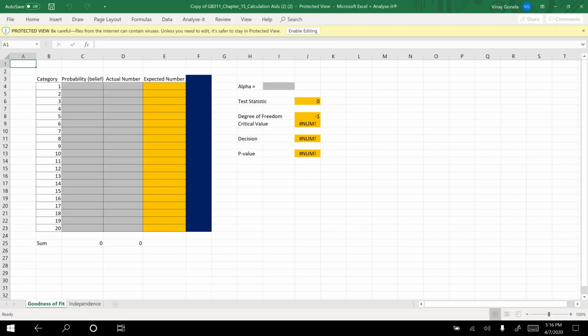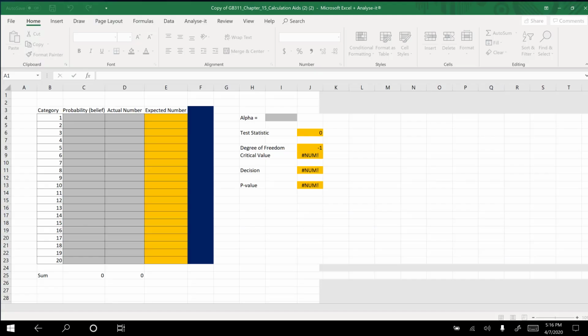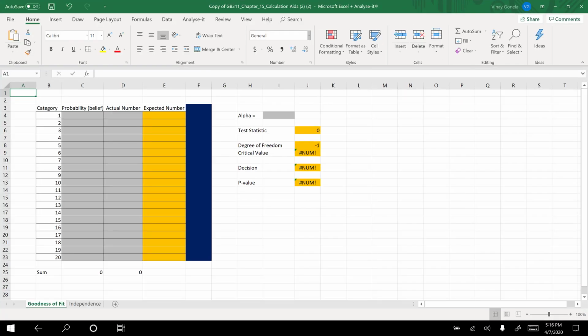Once you have this, the first tab you have to use is goodness of fit.